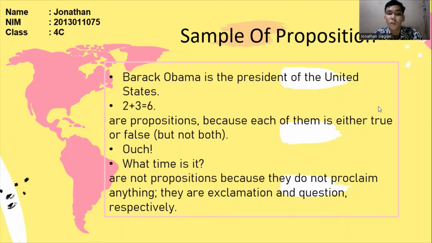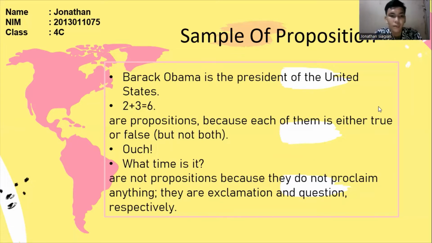We know Barack Obama is the president of the United States, and the statement is true. And the second statement, 2 plus 3 equals 6. We know 2 plus 3 is not 6, it is 5. And the second statement is false.